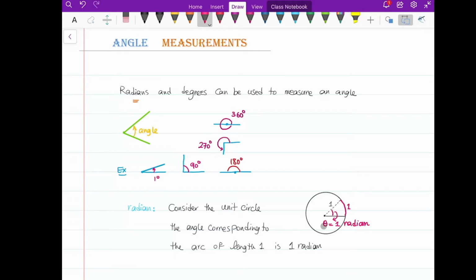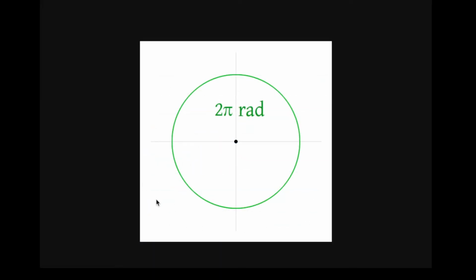I'm going to show it to you in a gif, so let me share my screen. There you go. So consider a circle of radius r. Then we consider the arc of length r.